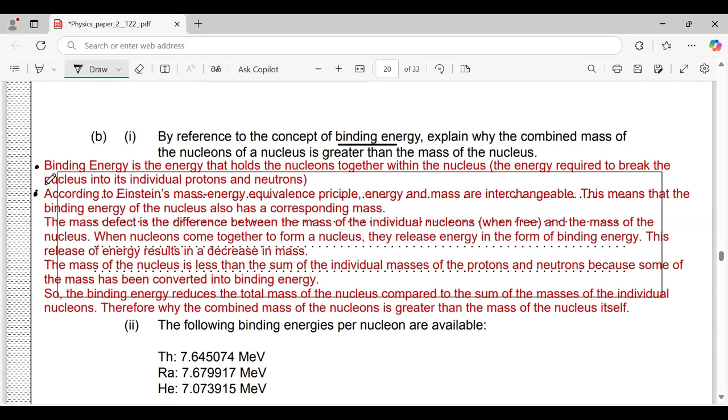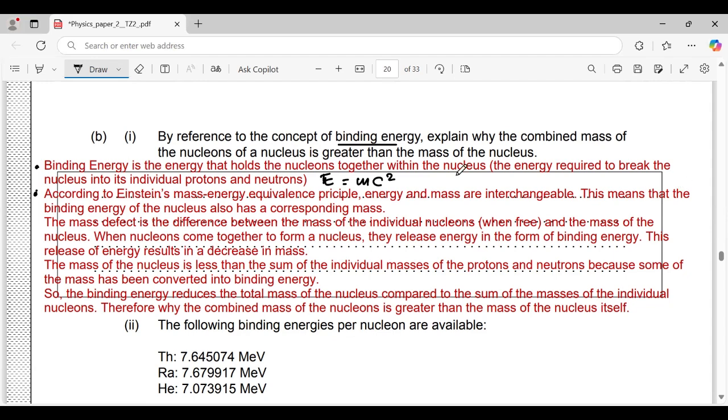The second, according to Einstein's mass-energy equivalence principle, this formula E = mc², energy and mass are interchangeable.